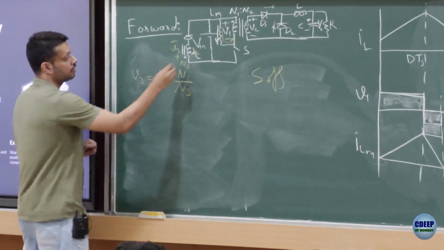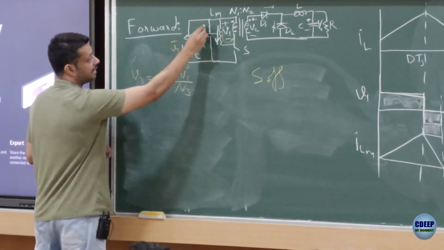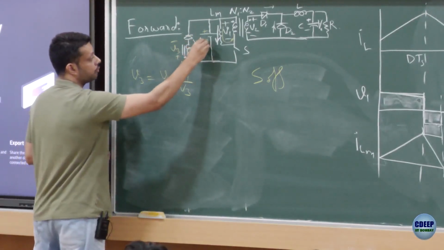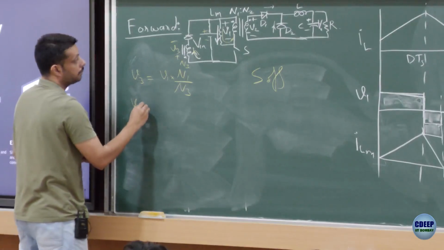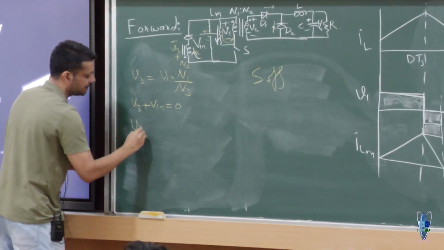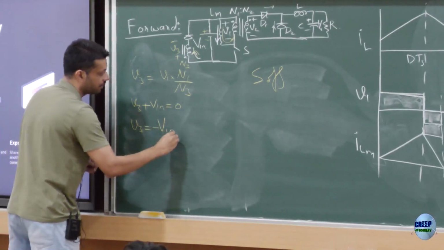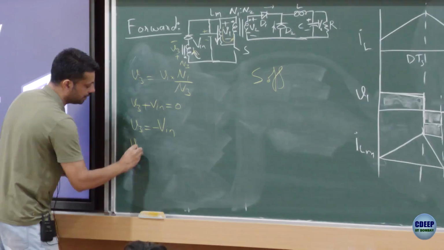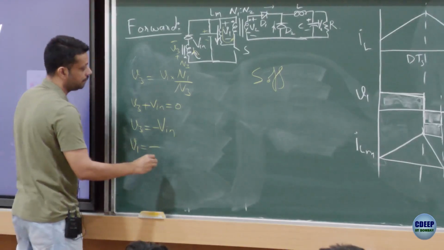This is okay. So if current enters the dot, I can write Kirchhoff's voltage law here, and I would see that V3 plus Vin is equal to 0. That means V3 is nothing but equal to minus Vin.